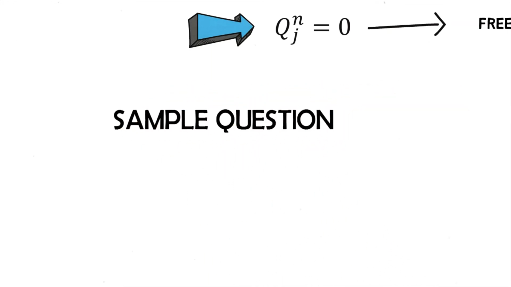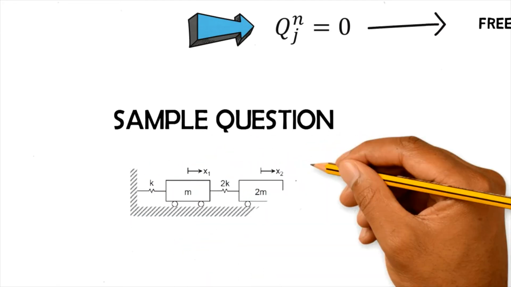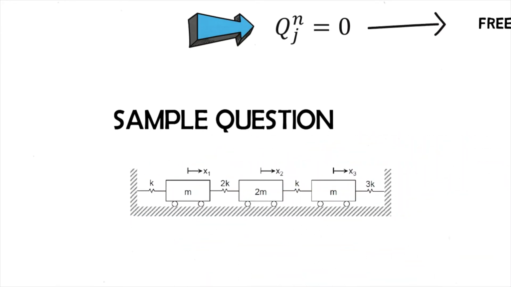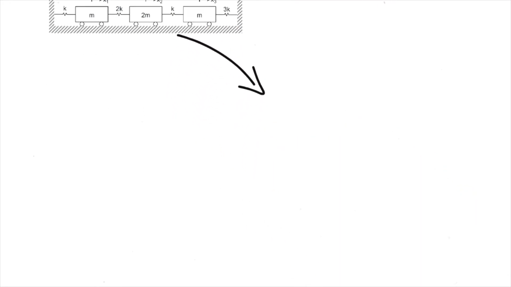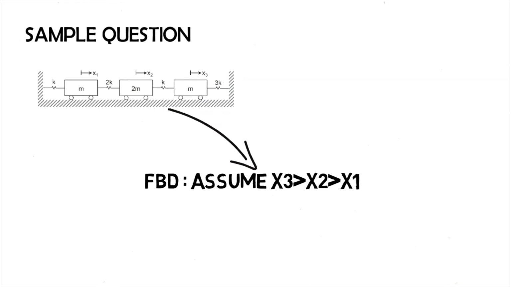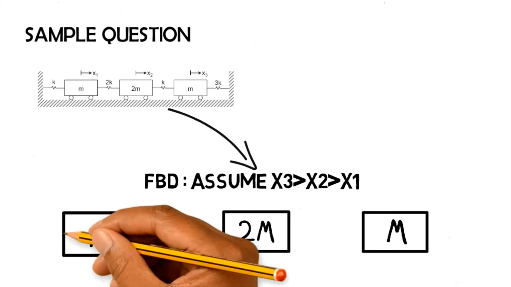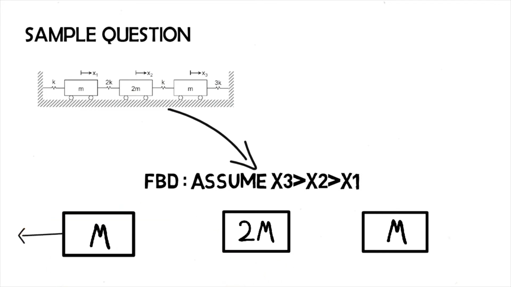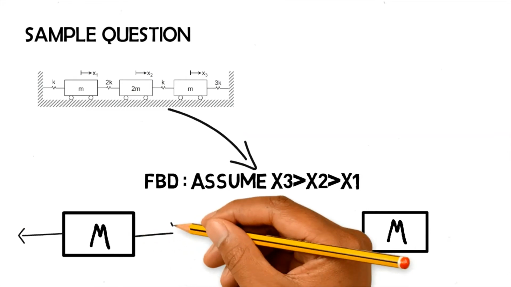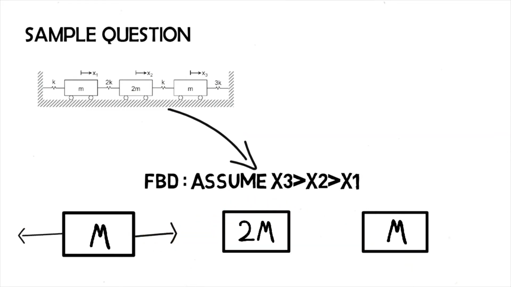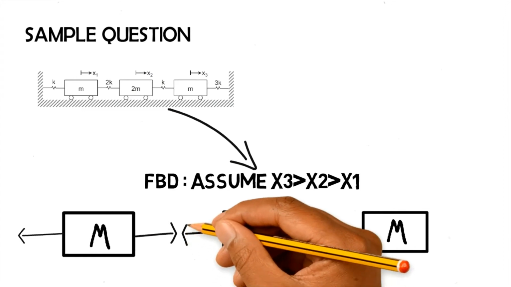As for the sample question, the similar case as previous in translational motion is used. Free body diagram for each mass is drawn first in order to solve the problems. Since there are 3 mass and 3 displacement, 3 FBD include the assumed positive direction is created.